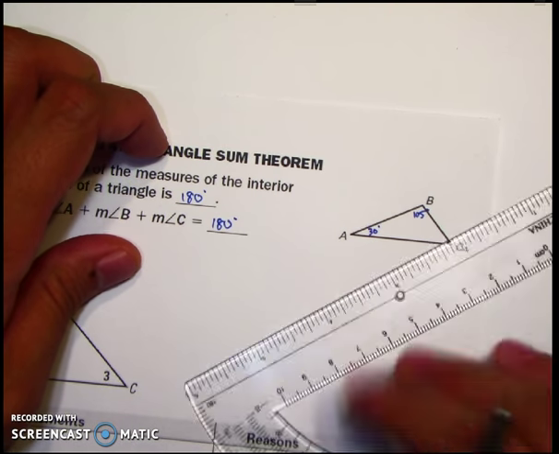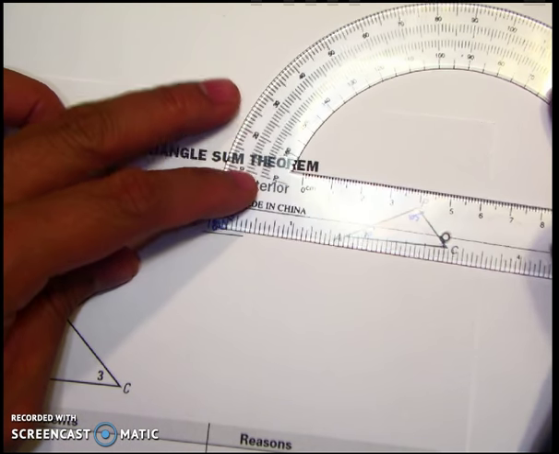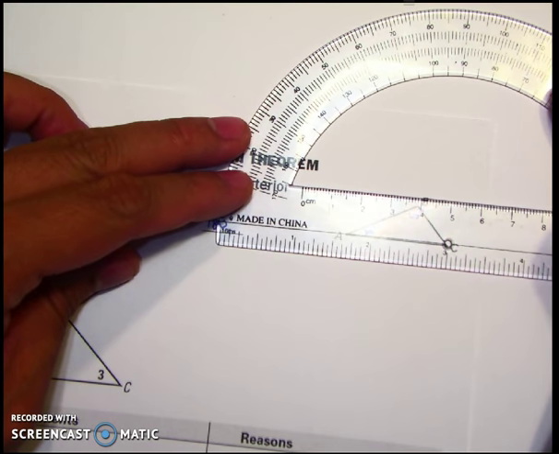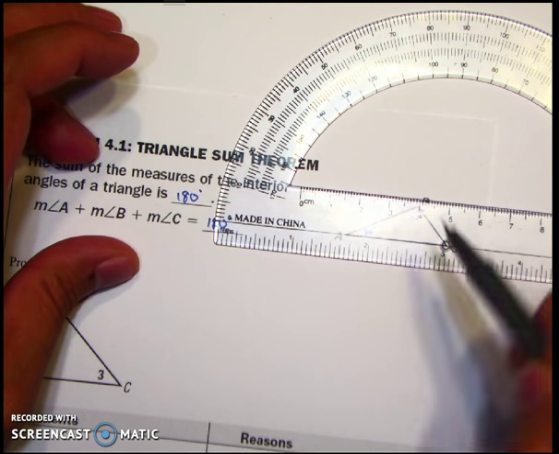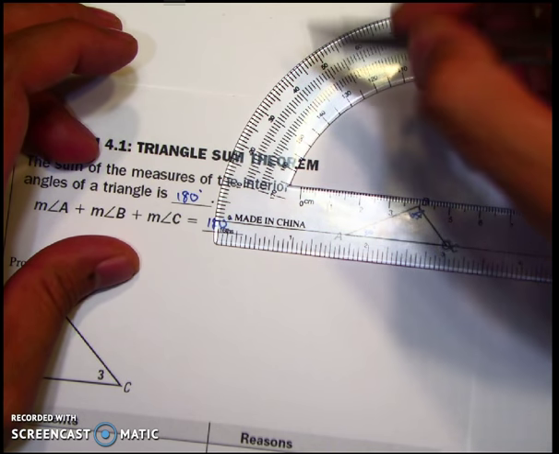And you do the same thing for angle C. You measure out, there's your center, and here is my 0, open it up here, about 45 degrees.